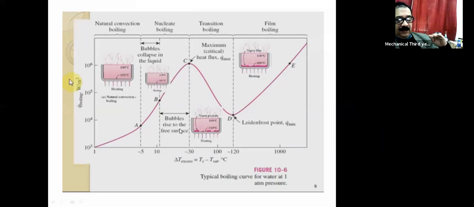The bubbles from the bottom move upward, reach the surface, and then turn into gases. So bubbles rise to the free surface in this nucleate zone.